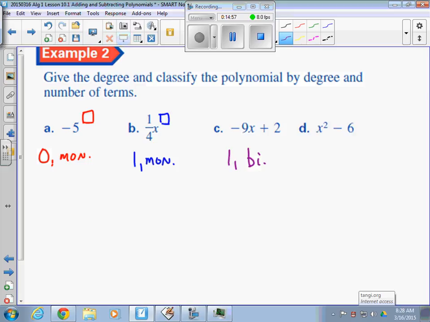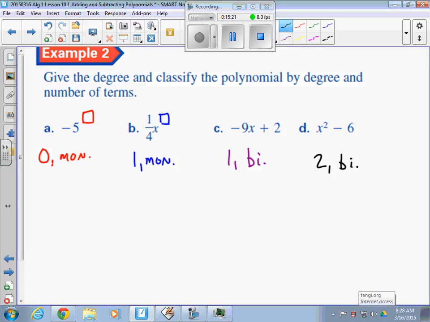And then the last one on this page, what about this one? What's the degree? 2. And then how many terms? There's 2 again, only one subtraction in the middle, so this is a second degree binomial.